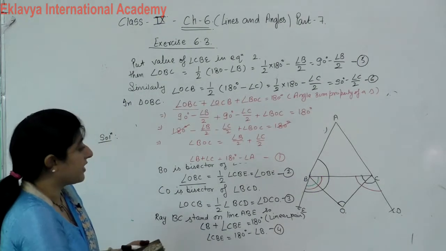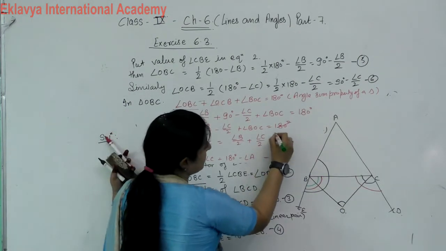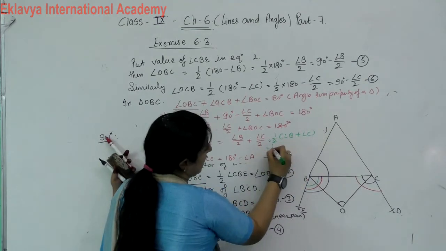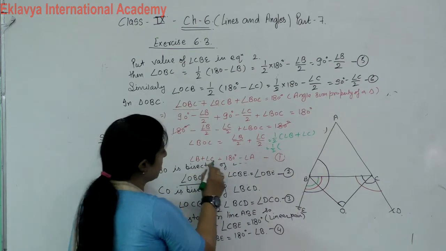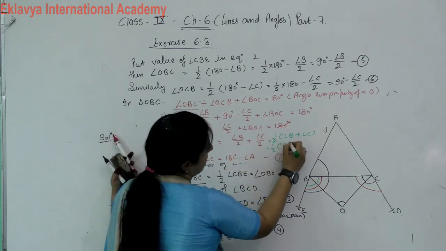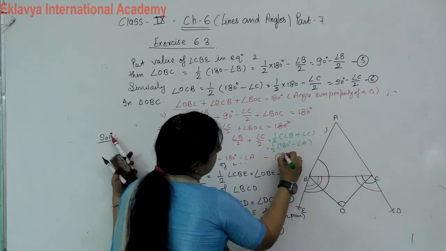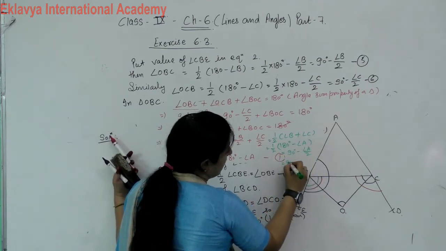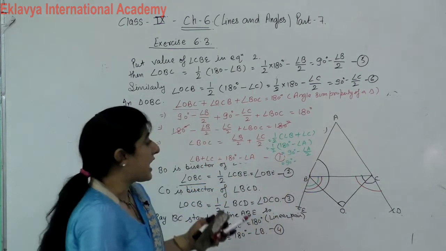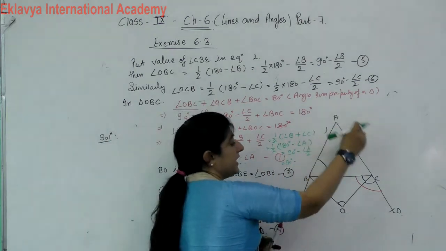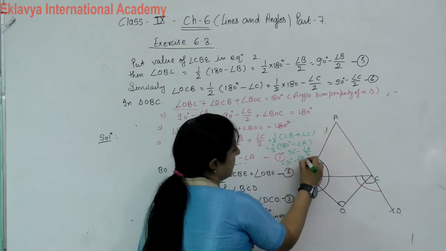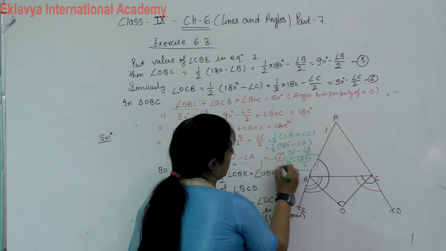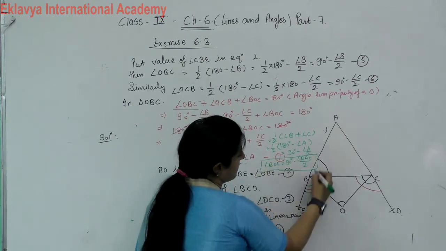If I take 1 by 2 common, then it becomes 1 by 2 of angle B plus angle C. What is the value of B plus C? 180 degrees minus angle A, that becomes 90 degrees minus angle A by 2, we can write angle BAC upon 2. This is the thing we have to prove. Hence proved.